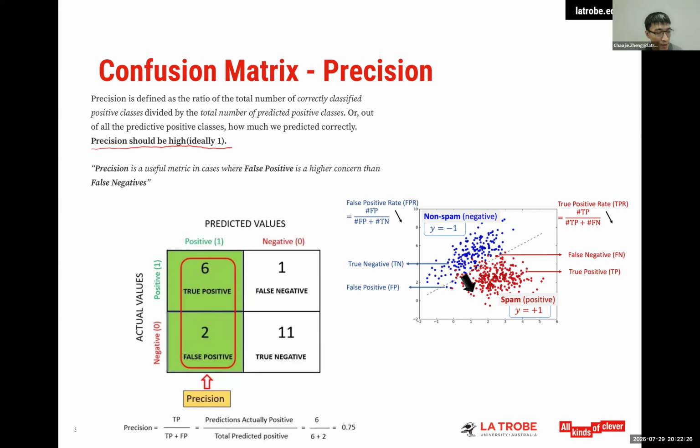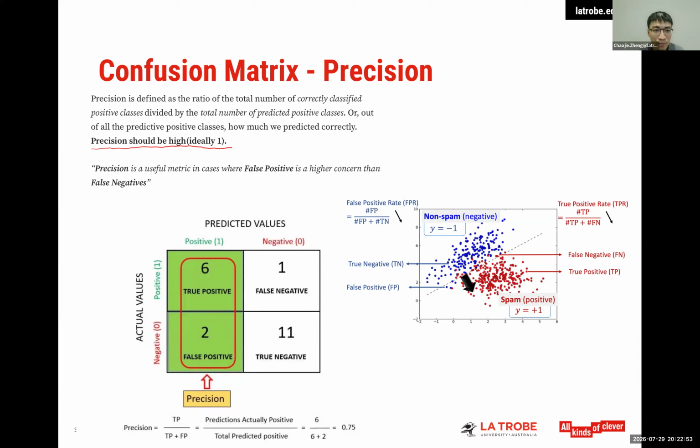So it is a useful metric in cases where false positive is a higher concern than false negatives. Let's think about a scenario, let's say, spam detection. It is a classification task. We have seen it multiple times. Spam email will be treated as positive cases, and non-spam email will be treated as negative cases.